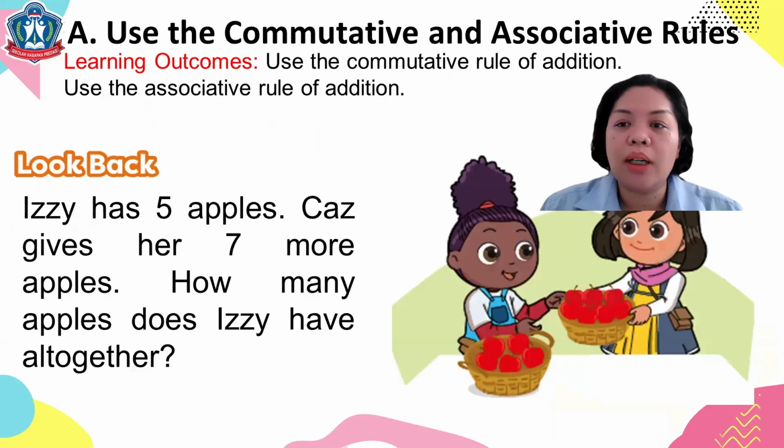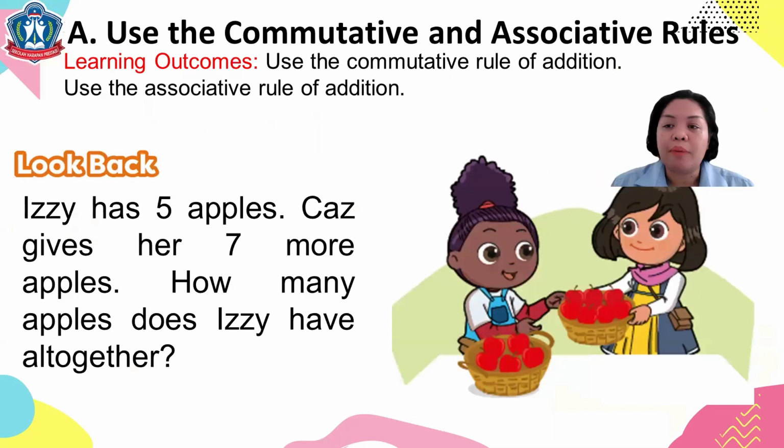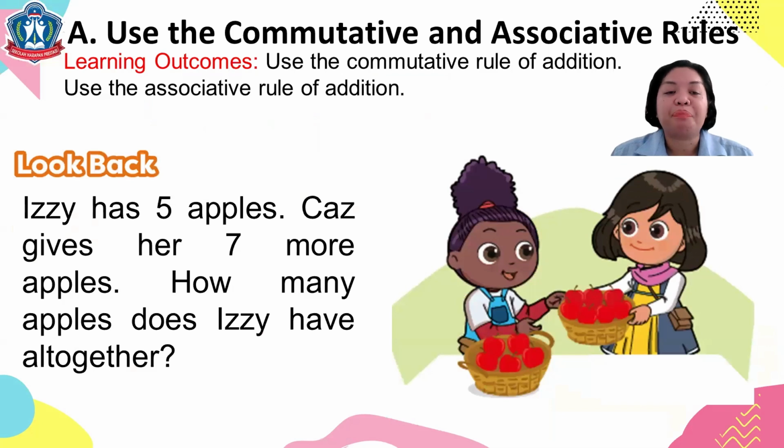Now let's go for lesson A, or the first topic for chapter 3. We have using of the commutative and associative rules. Okay, so look at this picture here. We have Izzy and Kaz. Izzy has 5 apples.